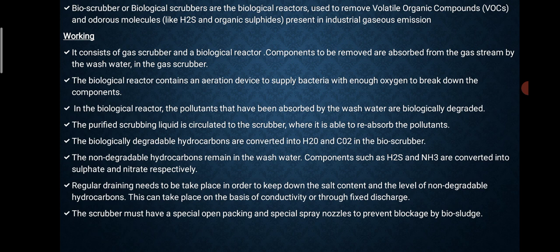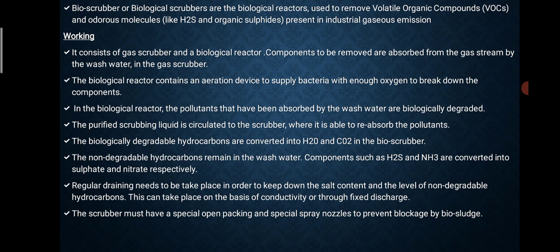Working. It consists of a gas scrubber and a biological reactor to remove the components which are absorbed from the gas stream by the wash water in the gas scrubber. The biological reactor contains an aeration device to supply bacteria with enough oxygen to break down the components.